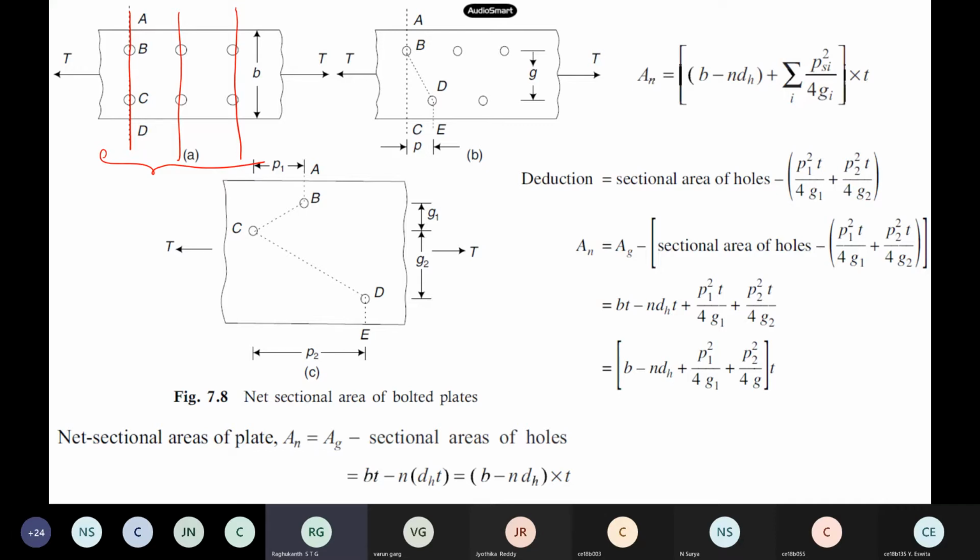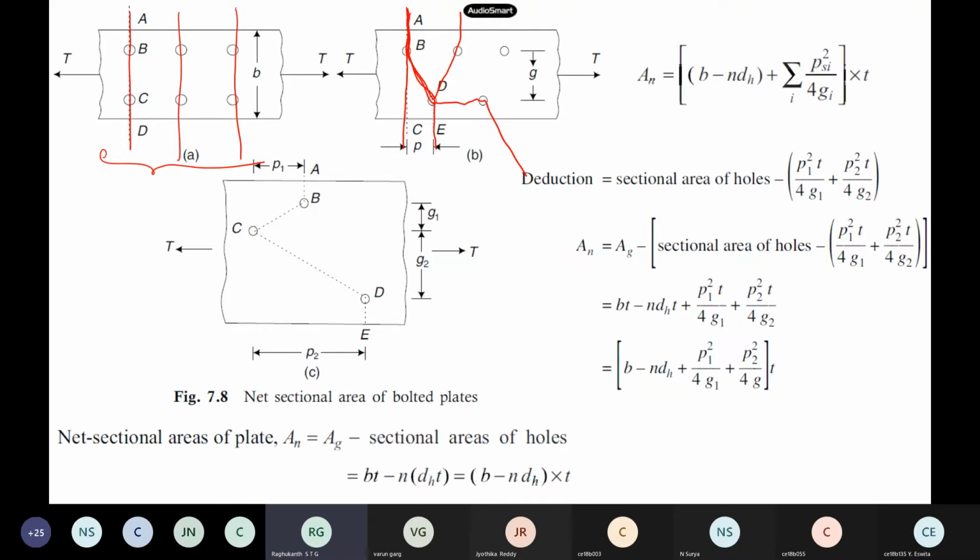It can fail in n number of ways. It can fail along only one hole, B minus N times D into T, or it can fail like this, or like this, or like this also. So many failure patterns you actually have to check.